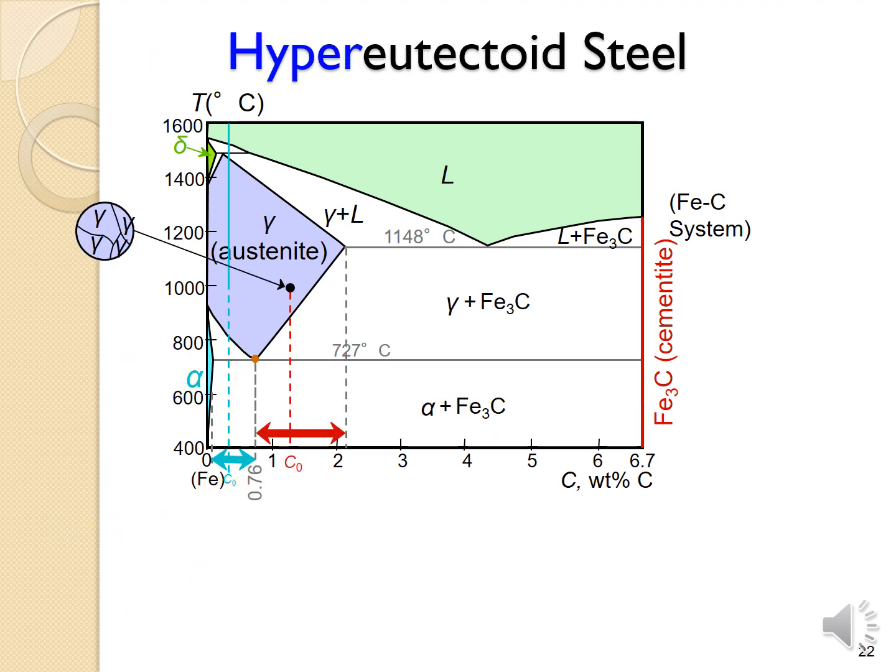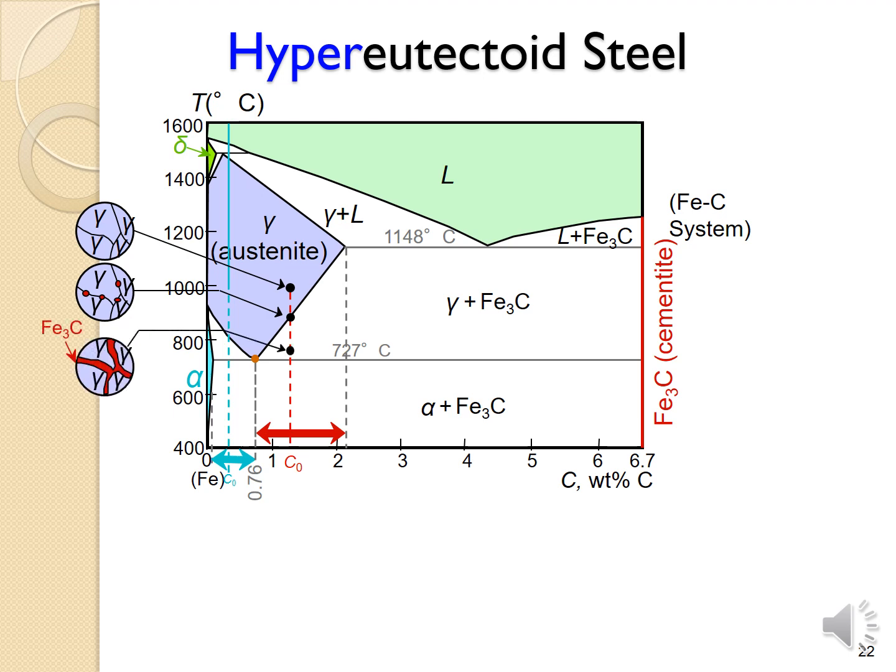For the hypereutectoid steel, the evolution of microstructures is very similar, but slightly different. So first we have austenite grains only. Then the cementite starts to precipitate at the grain boundaries of the austenite grains.